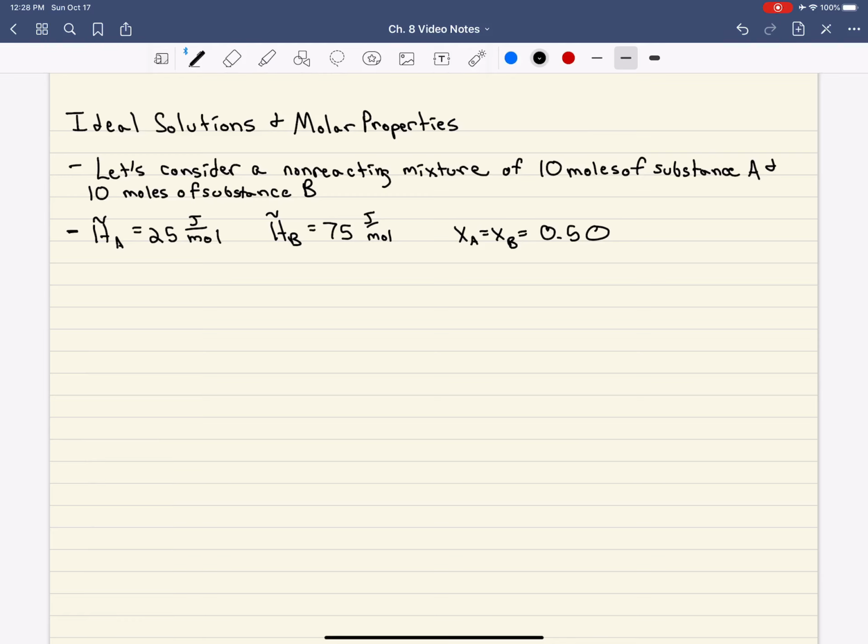And so for the individual pure components, we know their molar enthalpies.